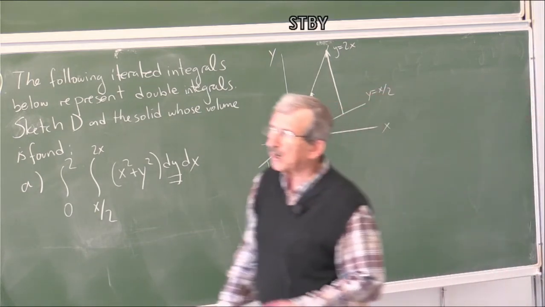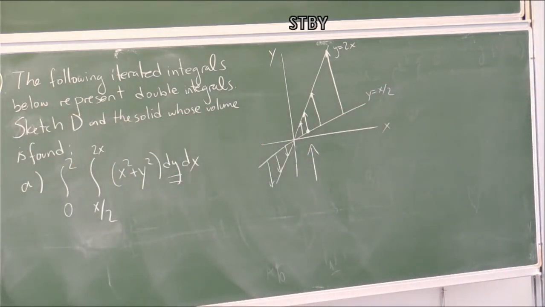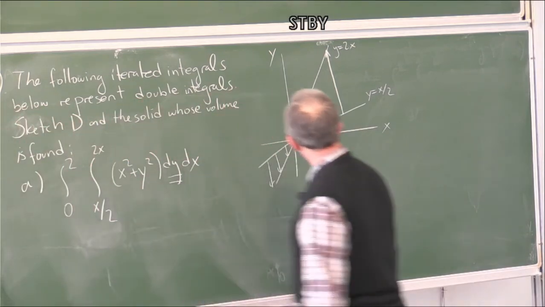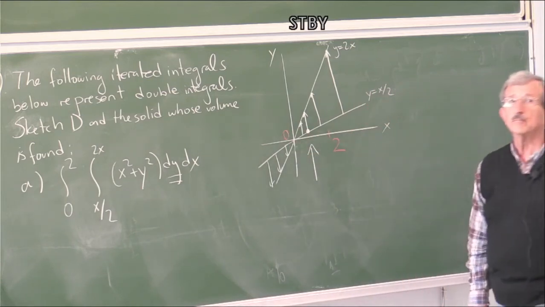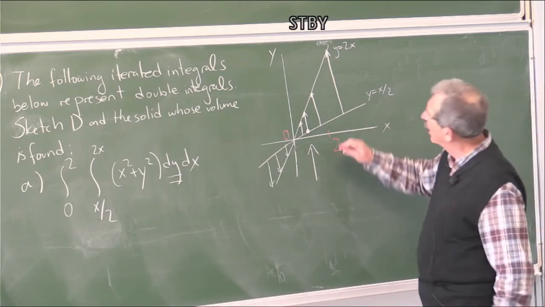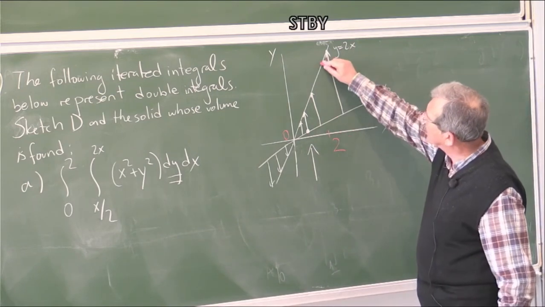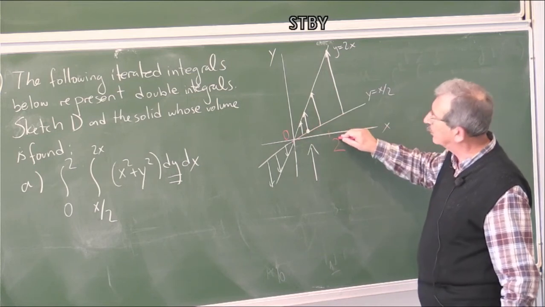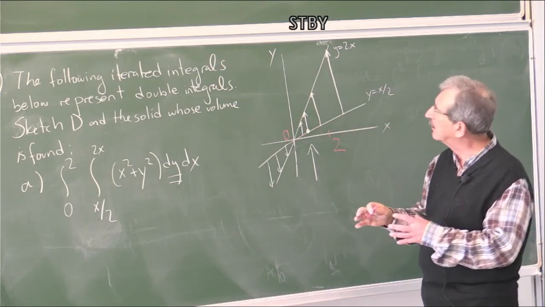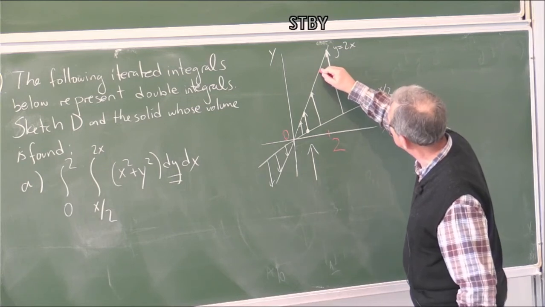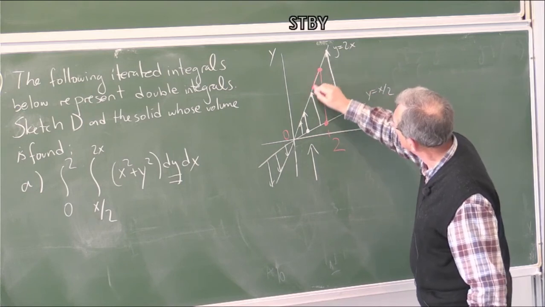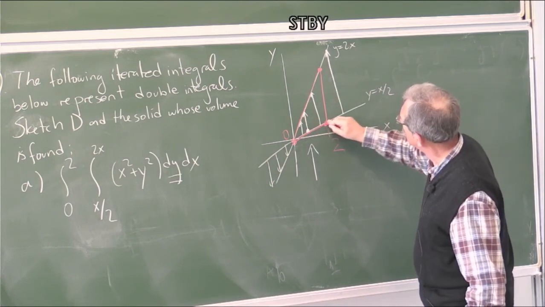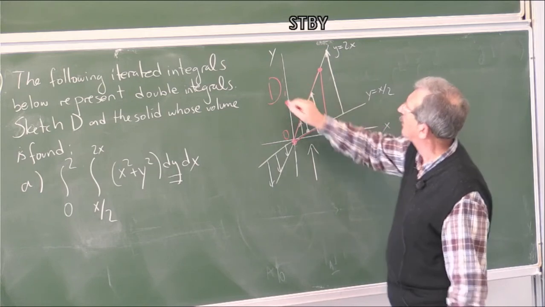But it's not upside down because when we look at the values of x, x changed from 0 to 2. Now, between 0 and 2, from this line up to this line, and from 0 to 2, if you put them together, it says that we are working on a triangle here. Okay. So this is our D.